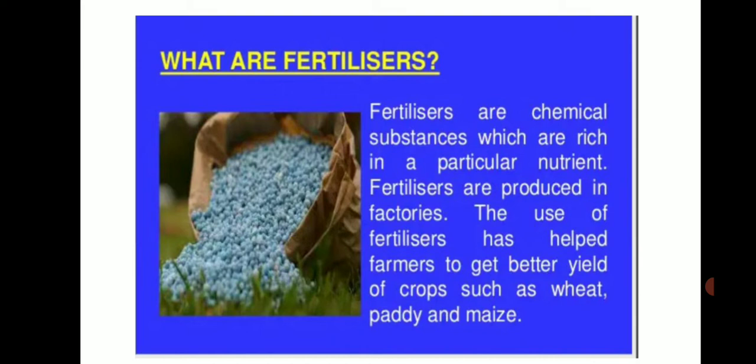So how are they different from manure? Fertilizers are produced in factories, whereas manures are produced by the farmers in the field. The use of these fertilizers has helped farmers to get better yield of crops such as wheat, paddy and maize. So mainly these fertilizers are chemical substances.